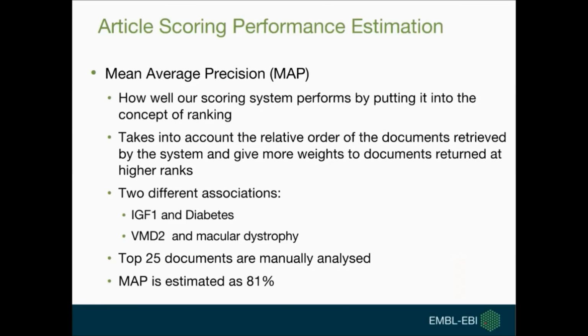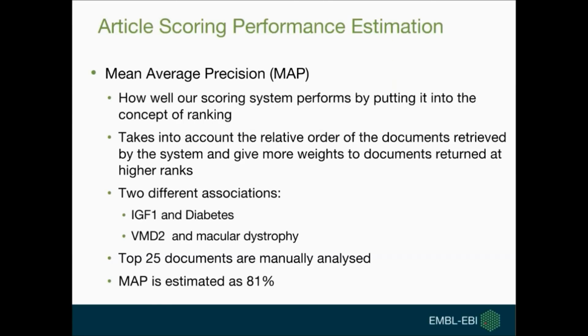Since we introduced article scoring to the system, we needed to switch to another performance metric called mean average precision. MAP takes into account the relative order of the documents retrieved by the system and gives more weight to documents returned at higher ranks.